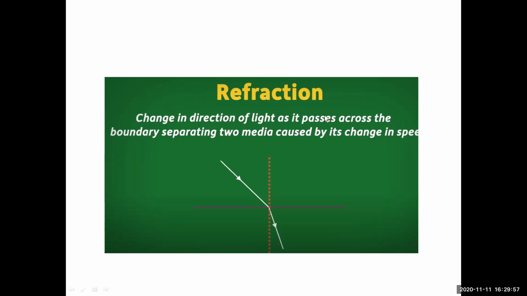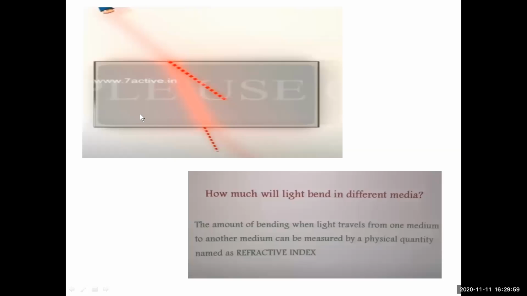Okay students, right. Now see, the letters also appear to be raised when the glass slab is placed, isn't it students? Now when the torchlight is falling on the glass slab, what is happening? The path of the light is also changing. We are saying that there is a bend in the light.